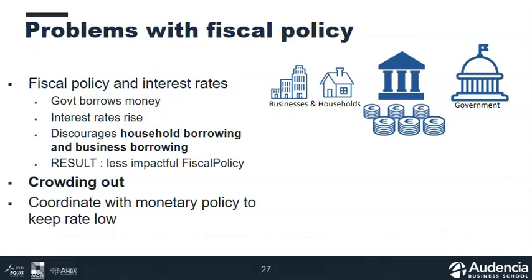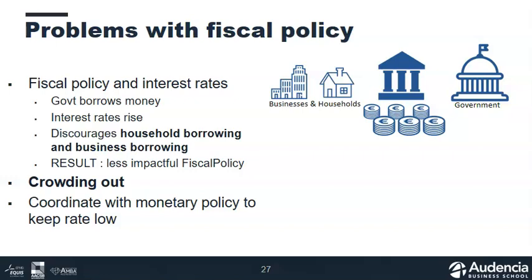Now, there are some problems with fiscal policy, and I'm going to mention one of them to you right now. Fiscal policy obviously is based on using money. If the government wants to expand the economy, for example, it has to spend money. And if we want to decrease taxes to stimulate the economy, well, if the government decreases taxes, they still have to pay their suppliers.